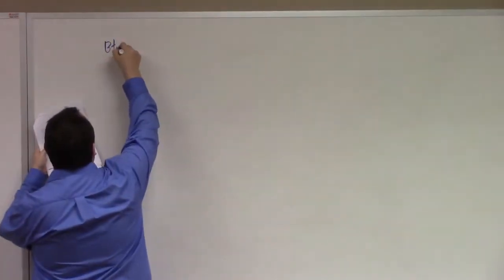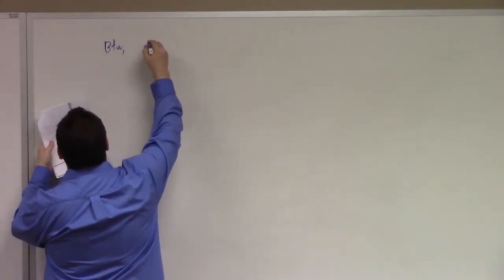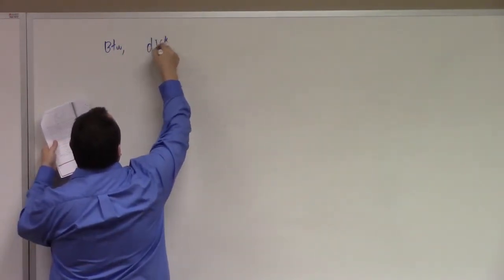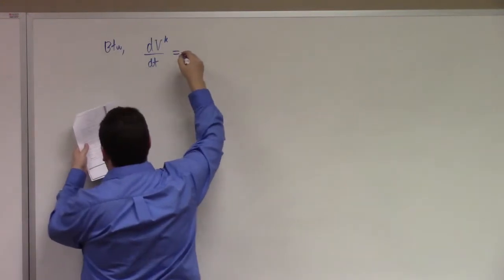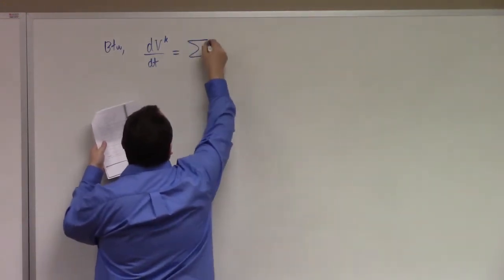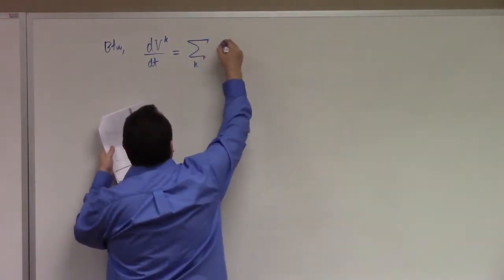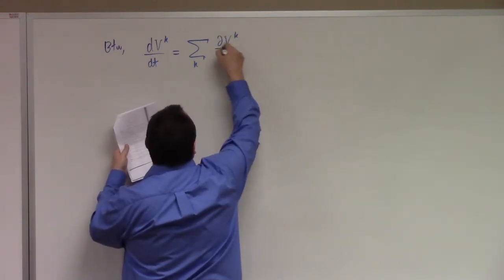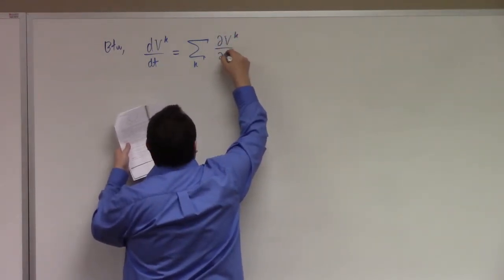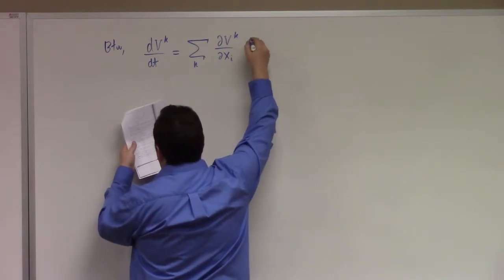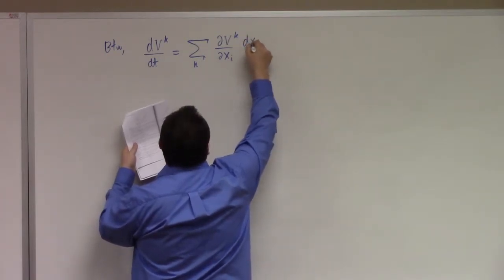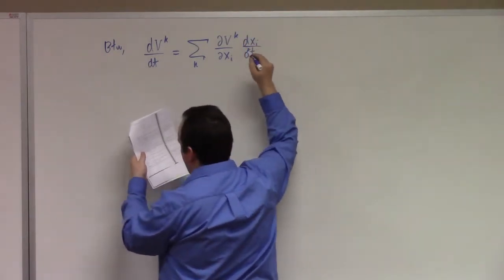Now, oh, but he mentions, by the way, dv^k/dt is equal to the sum over i of partial v^k partial x^i, dx^i/dt.